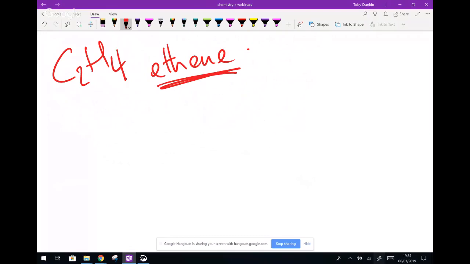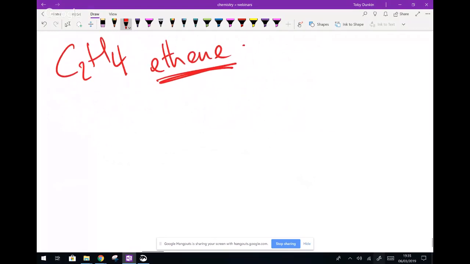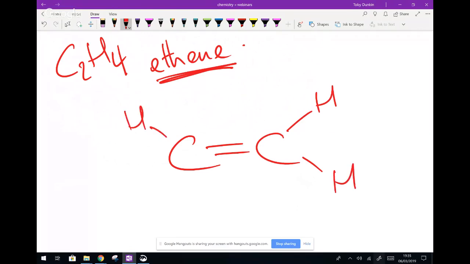Now, year 11s, some of you will be further on than others, but we've been talking about organics recently, and we've been doing alkanes, and some of you won't have come across alkenes yet, but alkenes are about a double bond. So we've got 2 carbons, we've got a double bond in the center, and each carbon then has 2 hydrogens. So this is ethene. It's a great one.